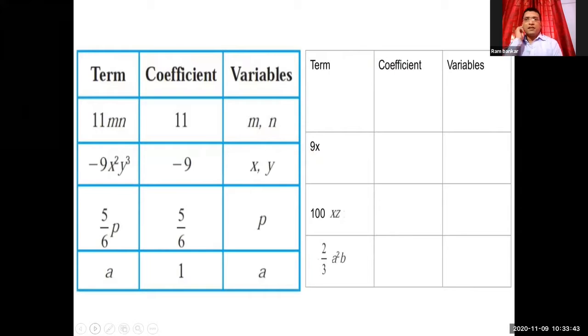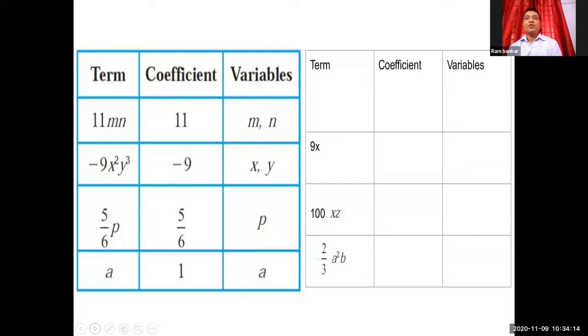Look at the table on the screen, which is very important. While solving algebraic expressions, you have to know these 3 things which are very important. Look at the blue box. First column is of term, second column is of coefficient, and third one is of variables.